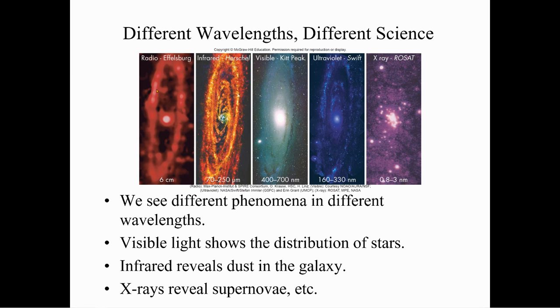If we look at it through a radio telescope, this is what we see. Over here, if we look in an ultraviolet range, we'll see this. And in an X-ray range, we see this. All of these pictures are of the same area, just with different types of telescopes.